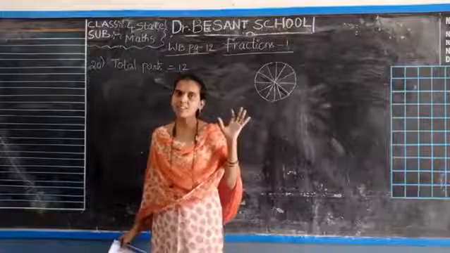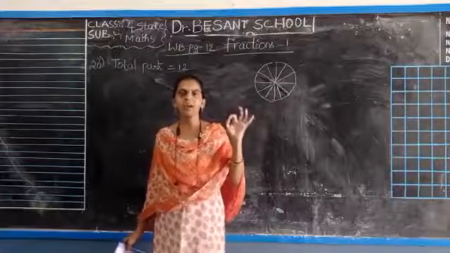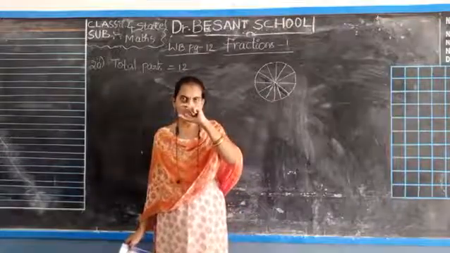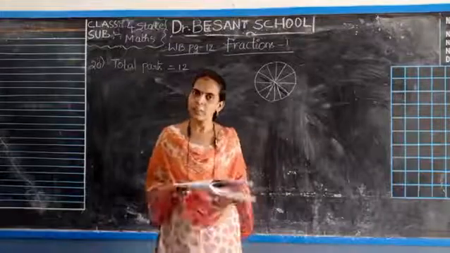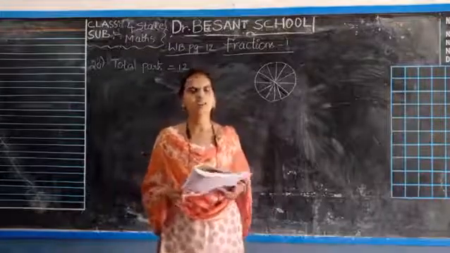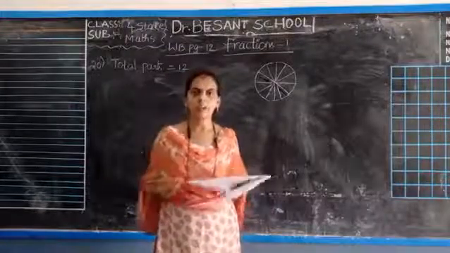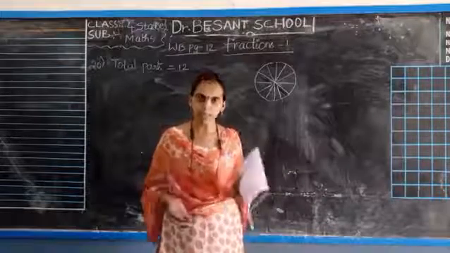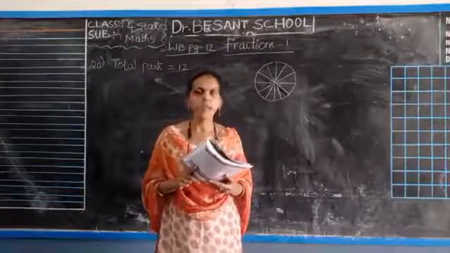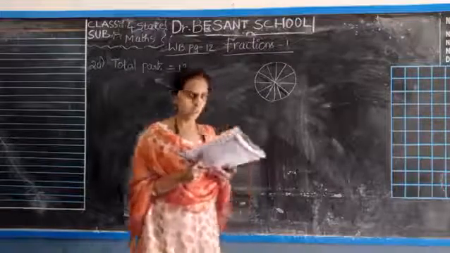While comparing the numerators, just imagine they are like ordinary numbers. We need to compare them in ascending or descending order. Which comes the most, which comes the least, which comes in the middle, we can find by observing the numerators. Okay?